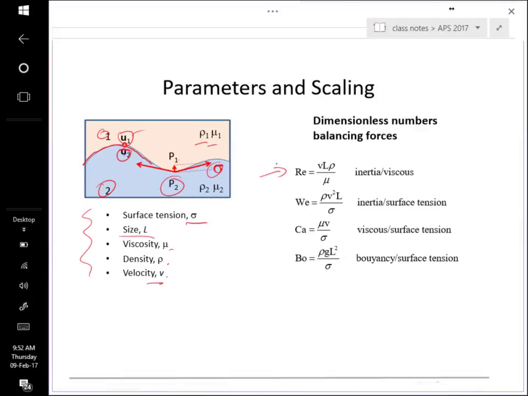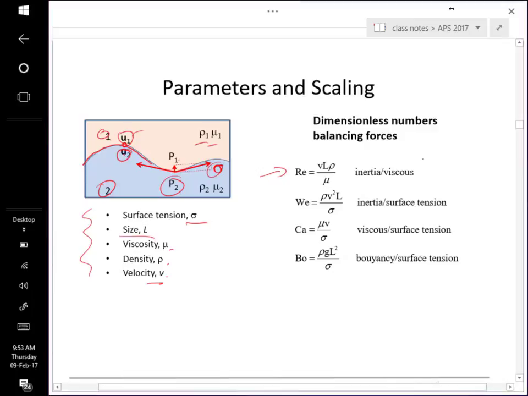It was really saying how important the inertial forces that we get from velocity are, which would tend to promote turbulence, for example, relative to the viscous forces from viscosity that tend to damp out the flow.